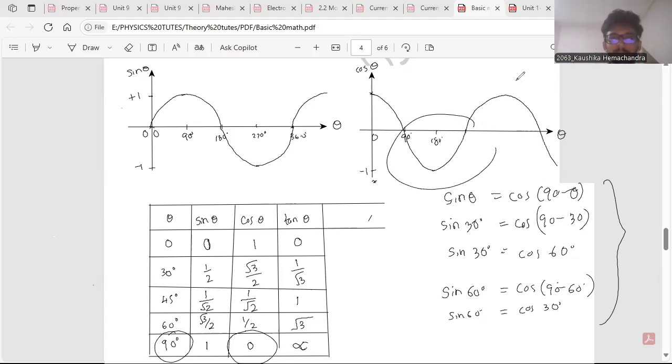These two should be symmetrical, so draw it symmetrically. This is at 270, and this will be again at 360.